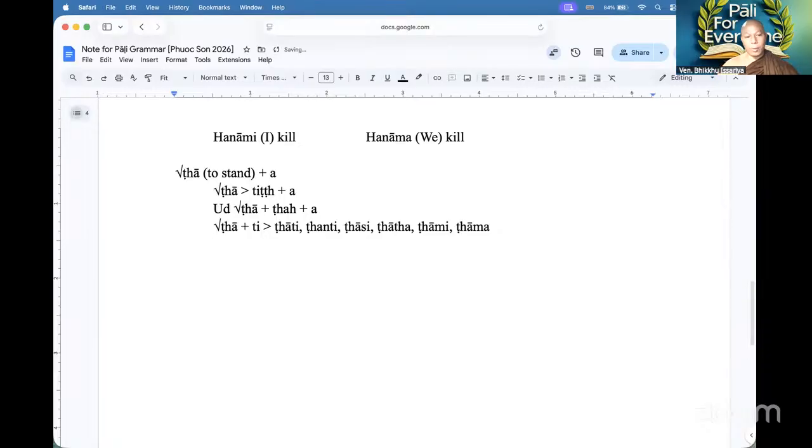So to be, bhū. This bhū also, if we use the conjugation sign a, then bhū and the a, so this root bhū becomes bhava in this way.